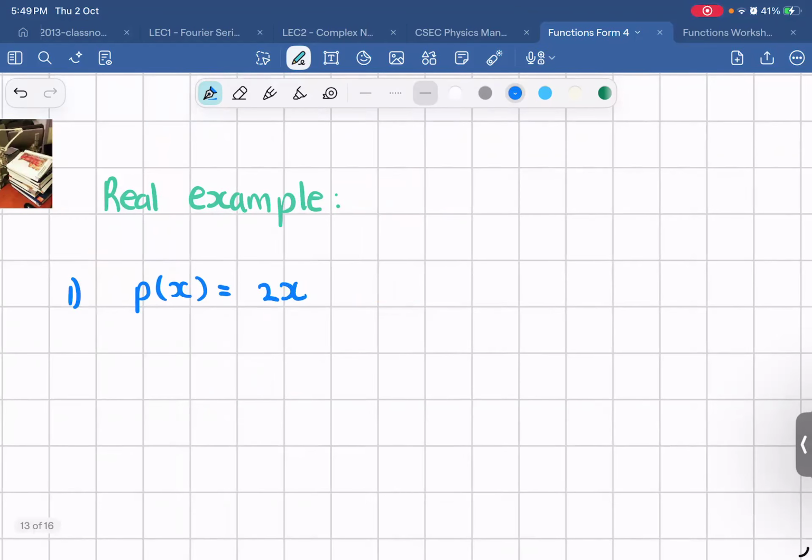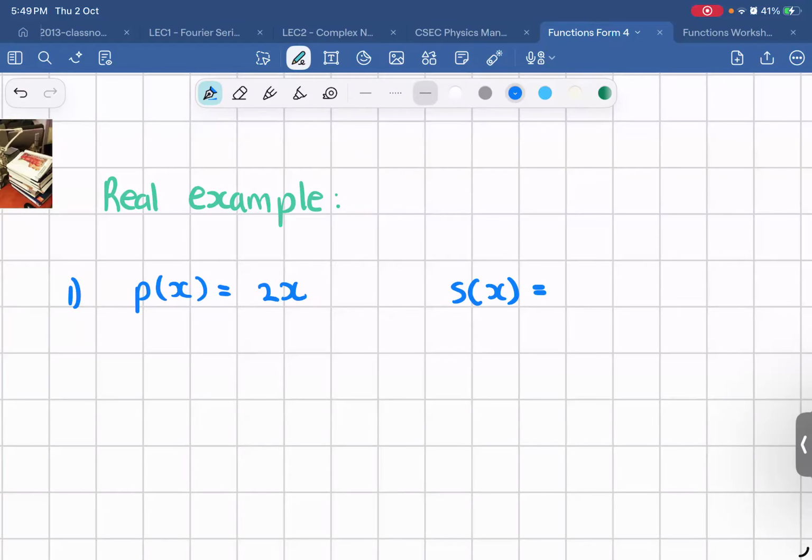Let me just say we have that function and we have another function. Who else should I call by? Sahara, right? Okay. Let me just make up a function. Let's call the function s of x. Something simple, right?